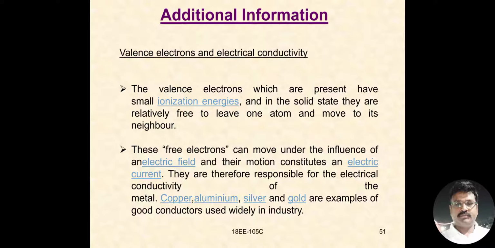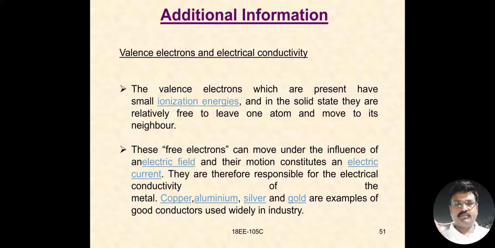The valence electrons which are present have small ionization energies, and in the solid state they are relatively free to leave one atom and move to its neighbor. These free electrons can move under the influence of an electric field, and their motion constitutes an electric current.